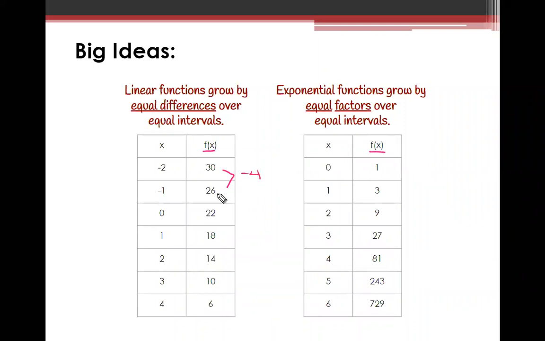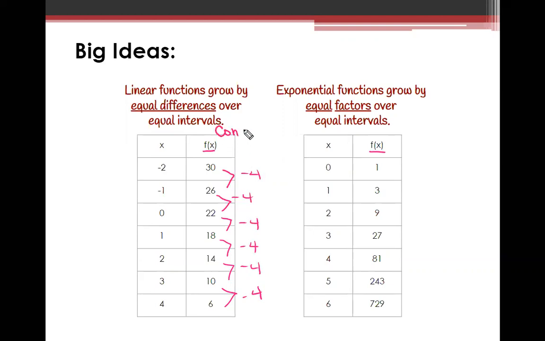Does that work? 26 minus 4, does that give you 22? 22 minus 4, does that give you 18? So does this work all the way down? So does it have equal differences? Yes, because it's constant.